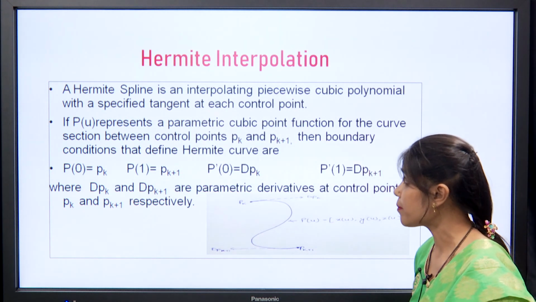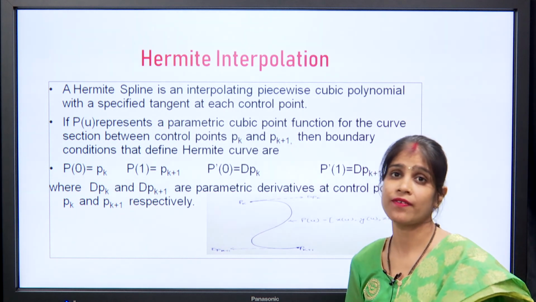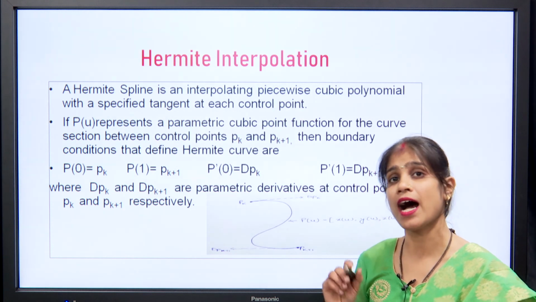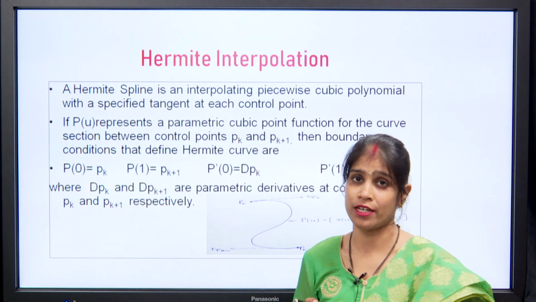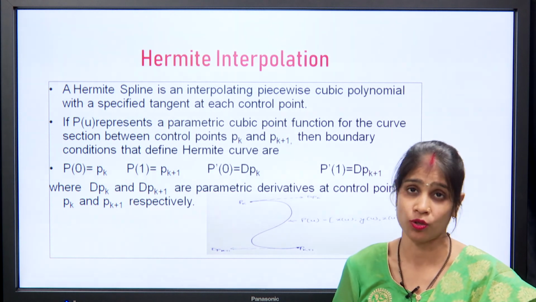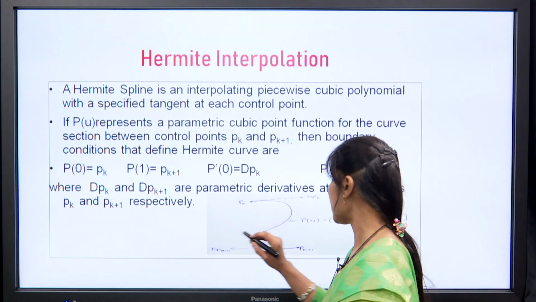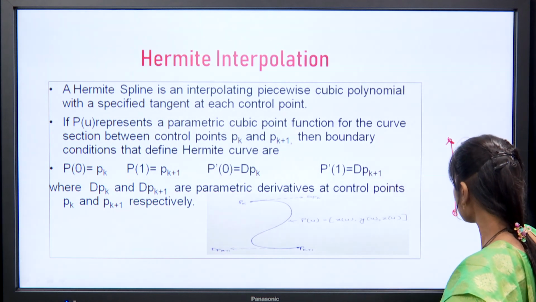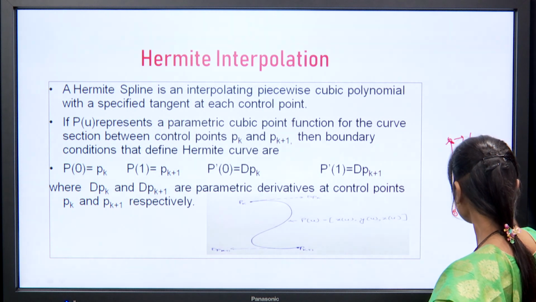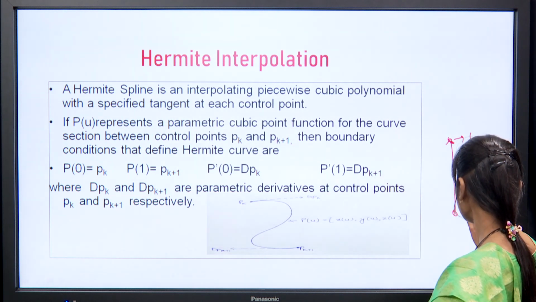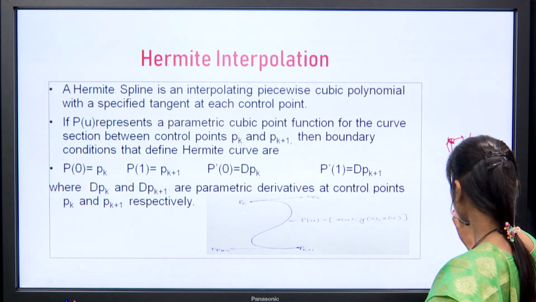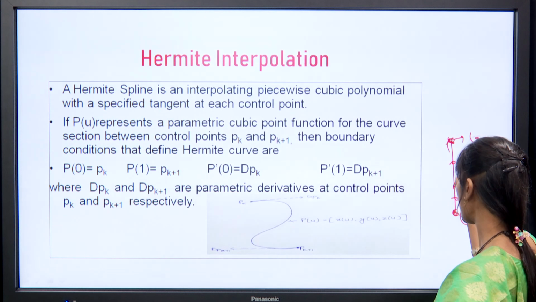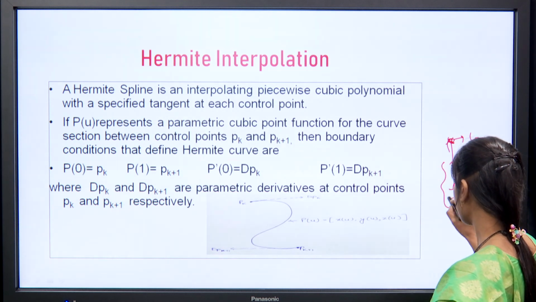Before going to the Hermite interpolation, first we will define the term interpolation. What is interpolation? Interpolation means we have a set of known values and we have to calculate some unknown value. Suppose there is a line whose two end points have known coordinates, and you have to find some coordinates on this line, here, here and here.